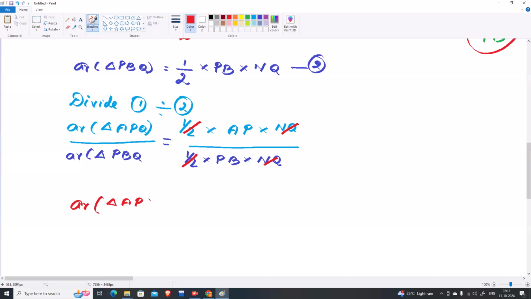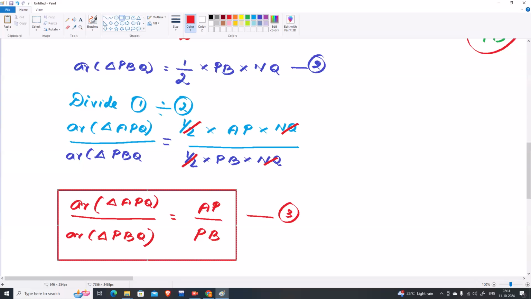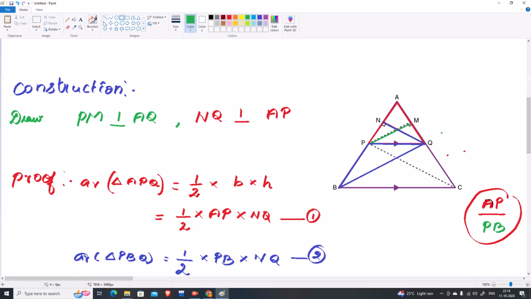So area of triangle APQ by area of triangle PBQ is equal to AP by PB. This is the third equation. So we got the left hand side of our proof. Still we have to get the right hand side, so we are going to try for the right hand side.